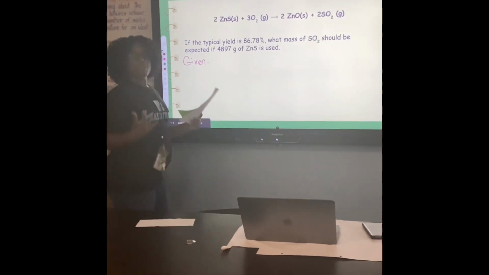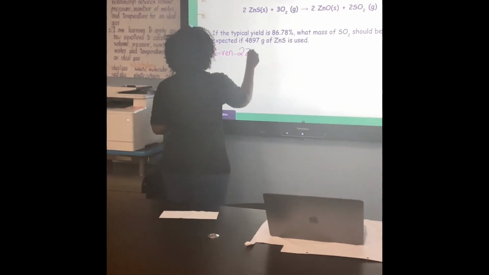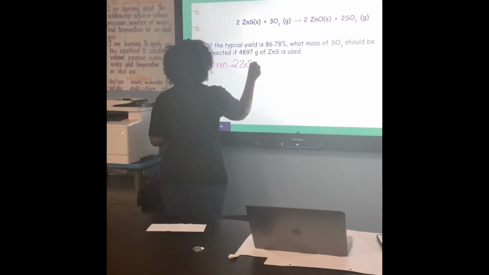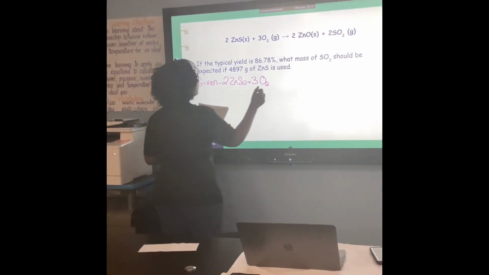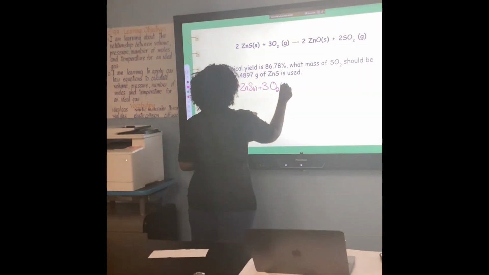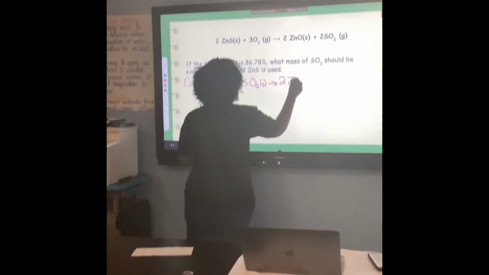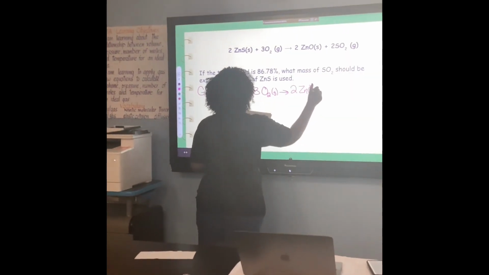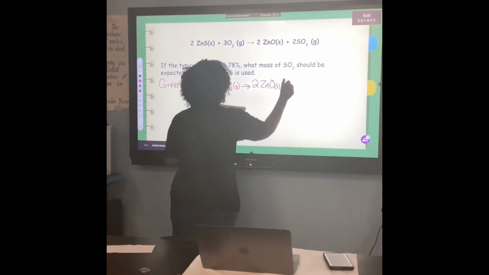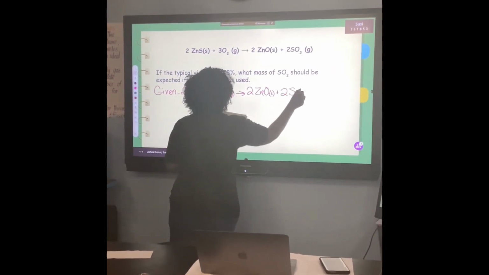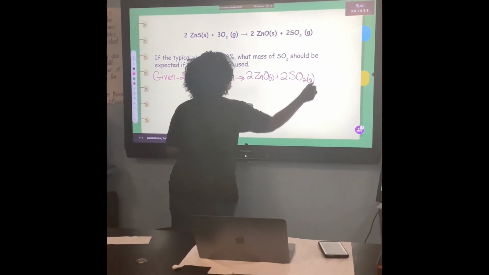So I'm going to put given. In our equation, I have 2 moles of zinc sulfite plus 3 moles of oxygen yields 2 moles of zinc oxide plus 2 moles of sulfur dioxide. Hopefully I'm saying those terms right.